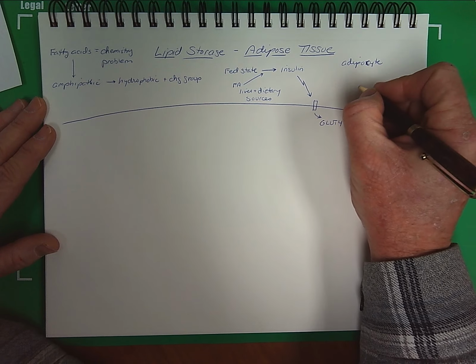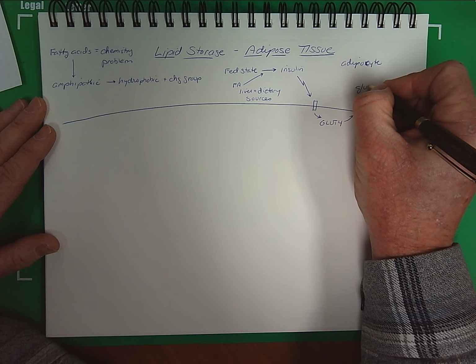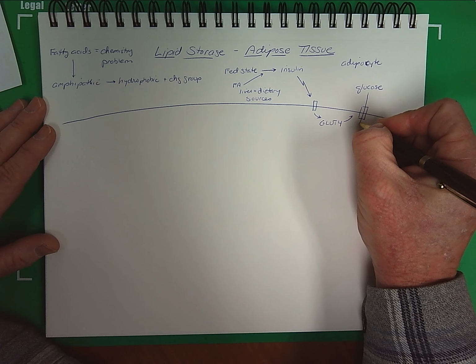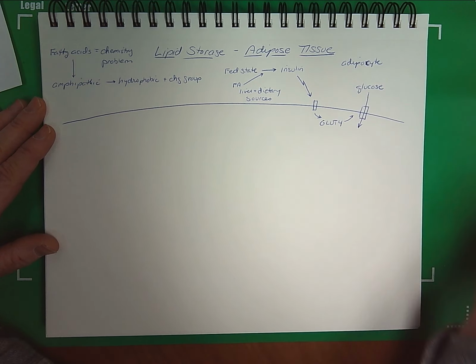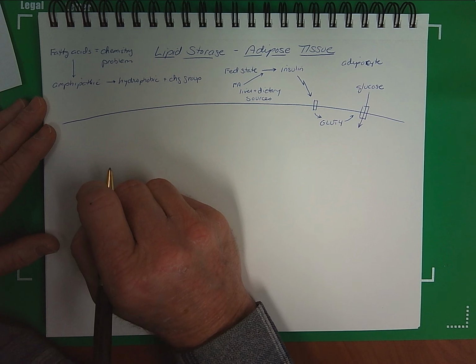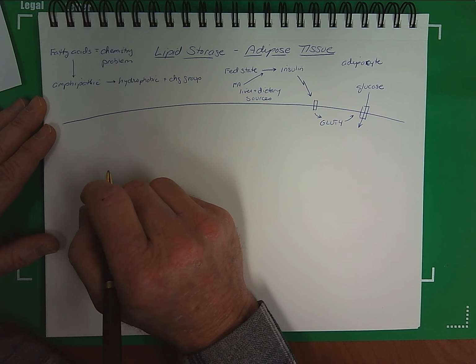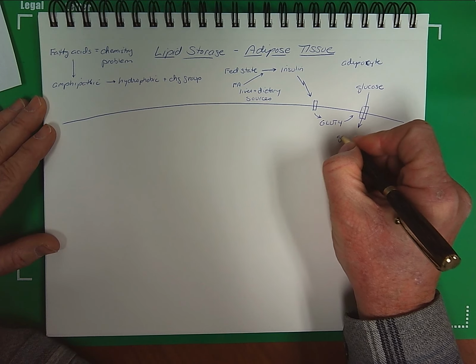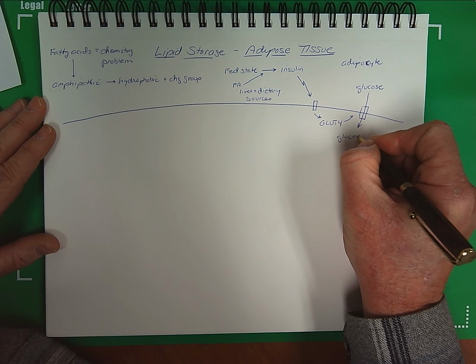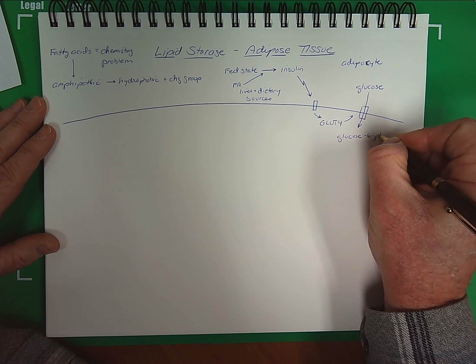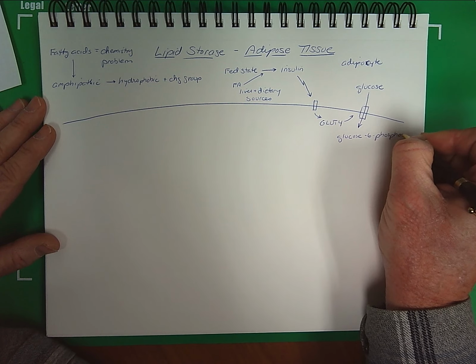This mechanism is the same as we've seen in skeletal muscle. Now, with high glucose on the outside of our cell, because we are in a fed state, the glucose is going to rush into the cell, just as we've seen with skeletal muscle. The first reaction we'll see is the conversion of glucose to glucose 6-phosphate.